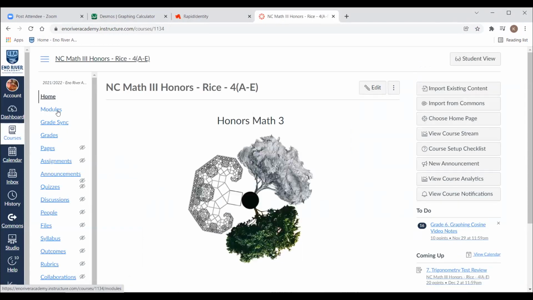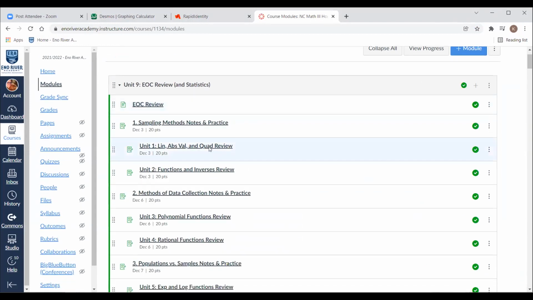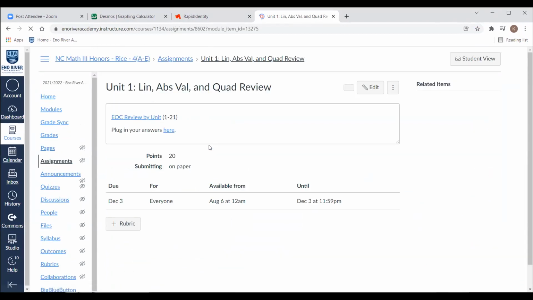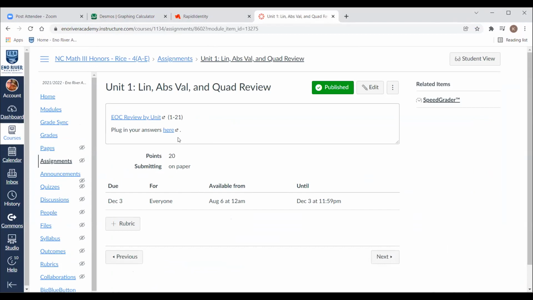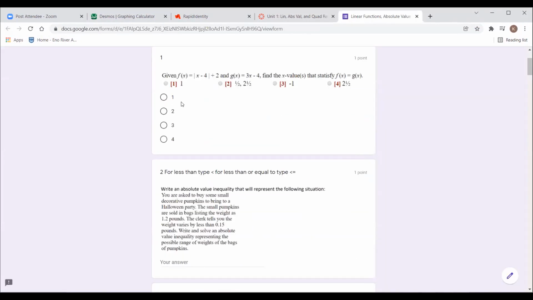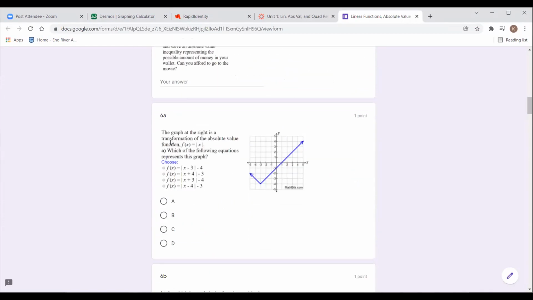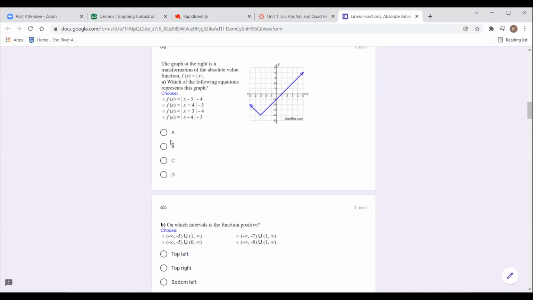So I'm not going to have you turn in this packet until you're done with the whole thing. Here's the first unit. It says plug in your answers here. You're going to click this, and I tried to make it as clear as possible. So you're going to put your answers all in here. Does that make sense?